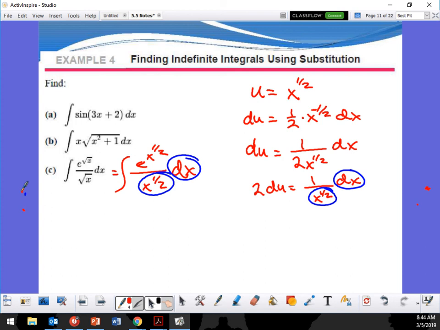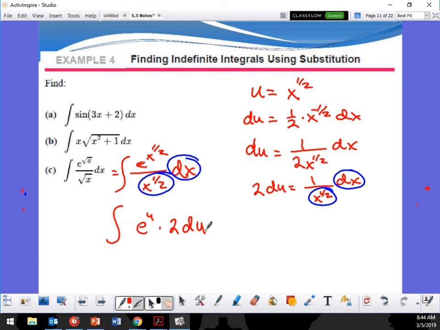Okay, so now it's going to look like this. Integration of e to the u times 2 du, right? Okay, what am I going to do with that 2? It's going to go out front, right? Or, it doesn't matter. What's the integration of e to the u? E to the u.